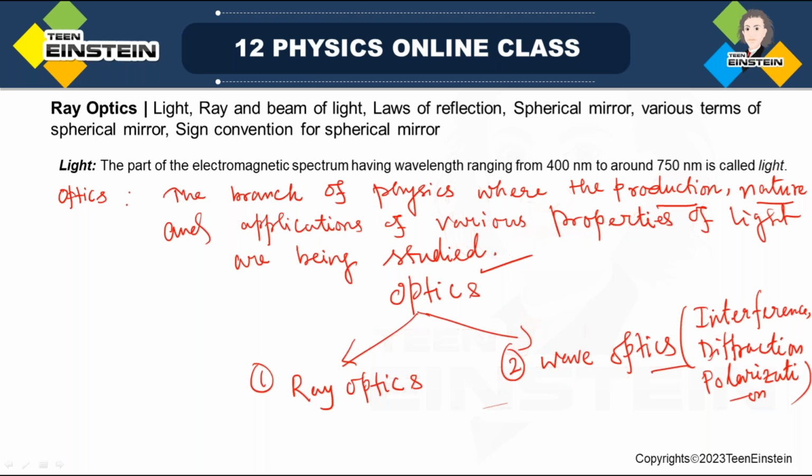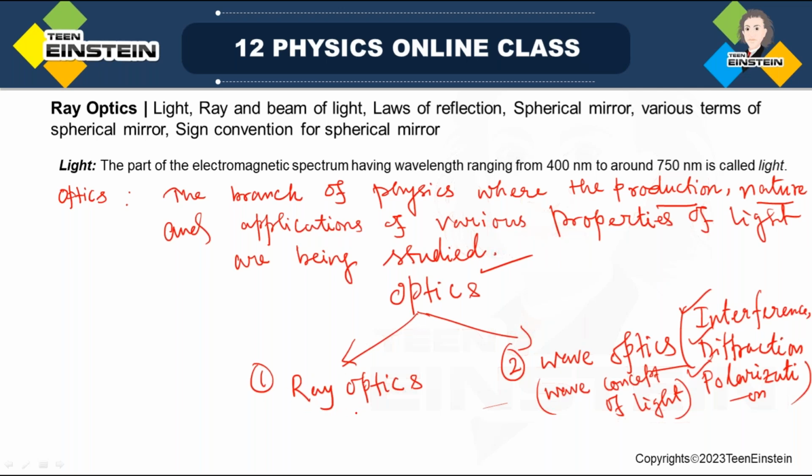The branch where we analyze these properties with the wave concept of light, here we use the wave concept. Light is a wave. Obviously light can act as a particle also.